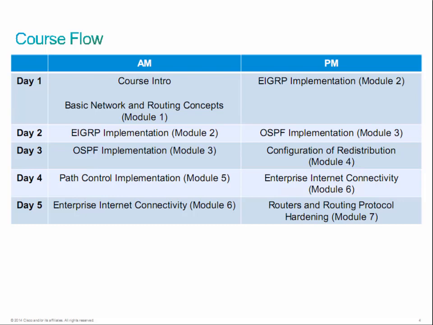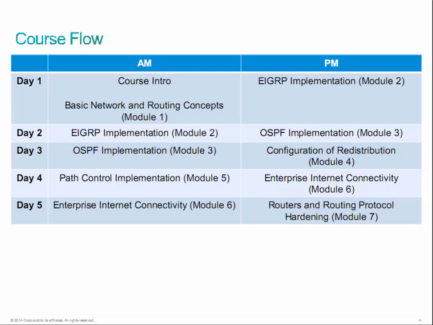We'll take care of that in the morning session, and then on the PM session, we'll start our enterprise internet connectivity, which is essentially BGP. Basically, that's what Module 6 is all about. It's 100% BGP. We'll say 95% BGP. There's a couple of things we'll talk about in there that are not specifically related to BGP. And then we'll finish up day 5 talking about routers and routing protocol hardening.